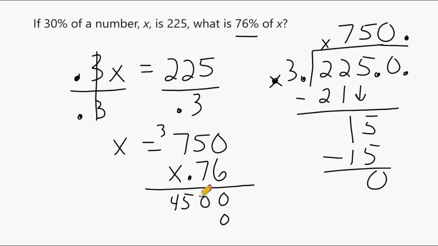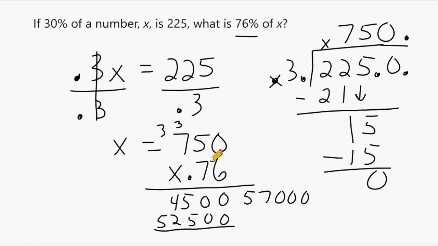7 times 0 is 0. 7 times 5 is 35. Carry the 3. 7 times 7 is 49, plus 3 is 52. Now, if I add these digits together, we have 0, 0, 10, 7, and 5.